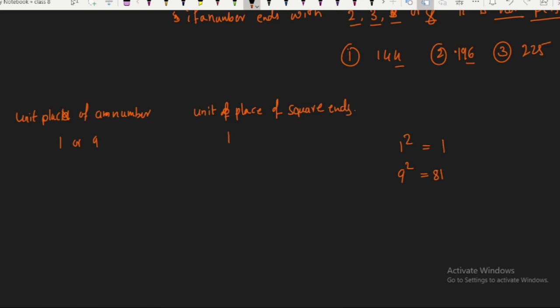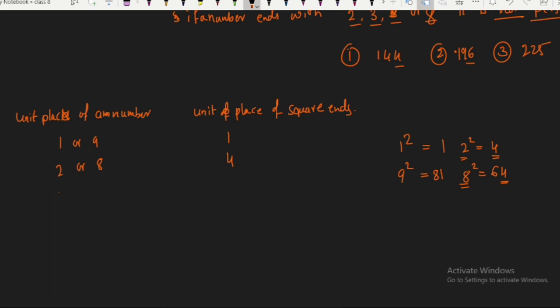Similarly, if the unit place of a number is 2 or 8, then its square ends in 4. For example, 2 square is 4, 8 square is 64. Means when you square a number ending in 2 or 8, its square always ends with 4.